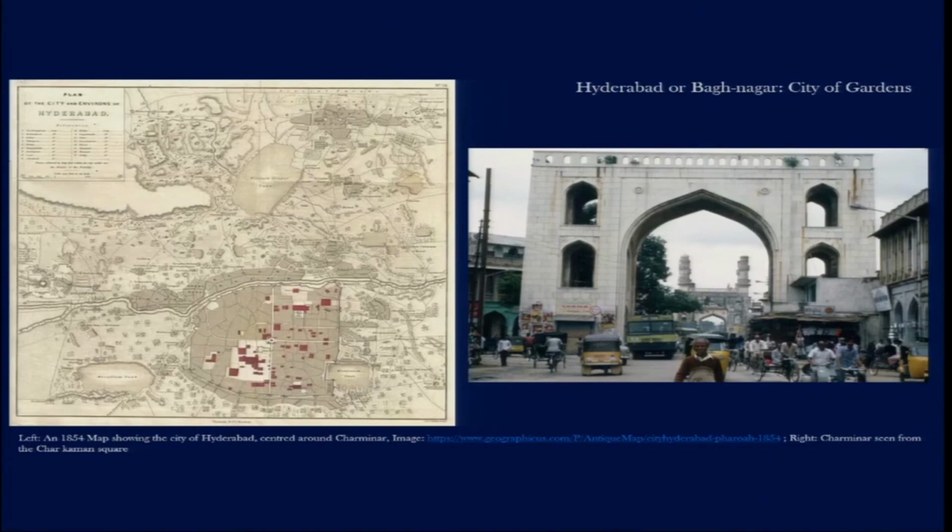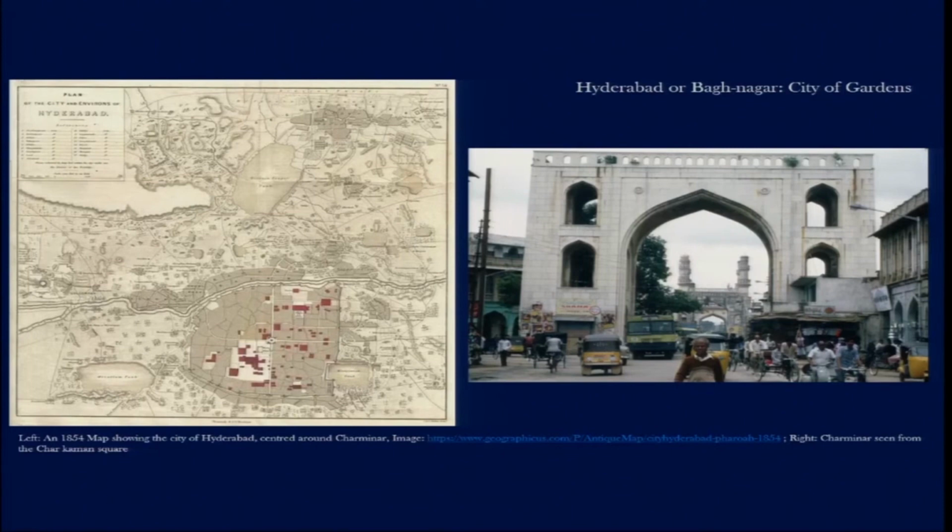This part of the city that we are looking at in the map today is now the old city of Hyderabad, which was initially built by the Qutub Shahi kings. At the center of this city, we find this imposing monument which is today known as Charminar. Charminar marked the space at the intersection of the east-west and north-south axis.